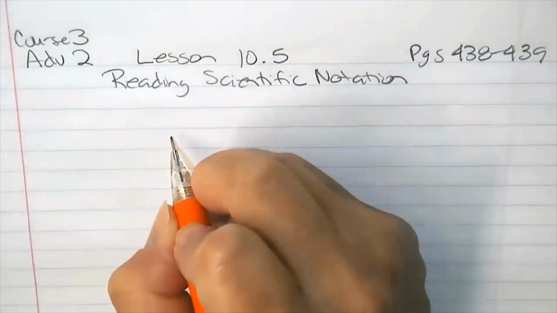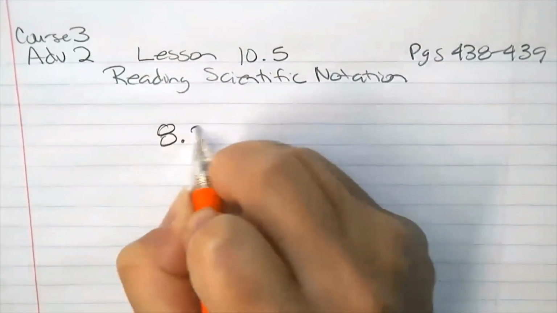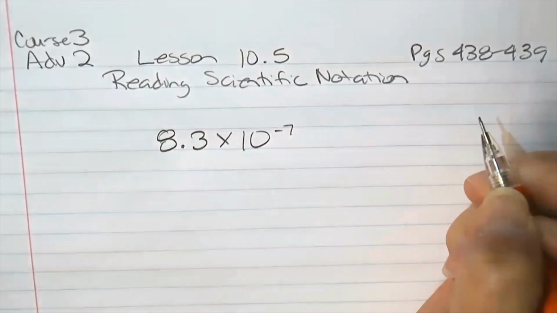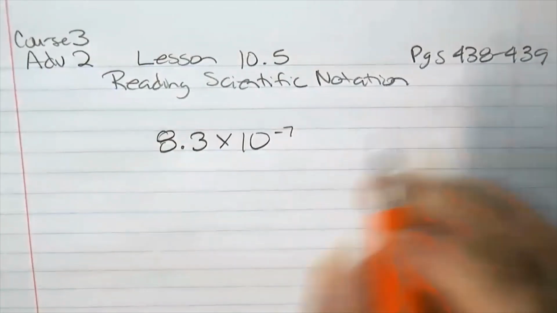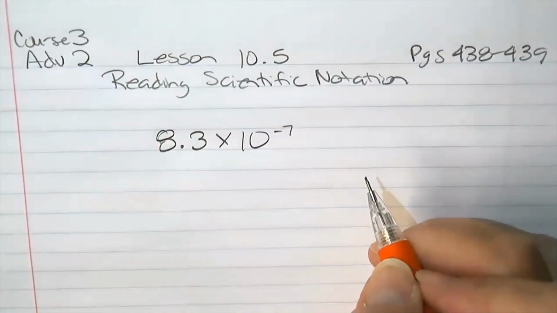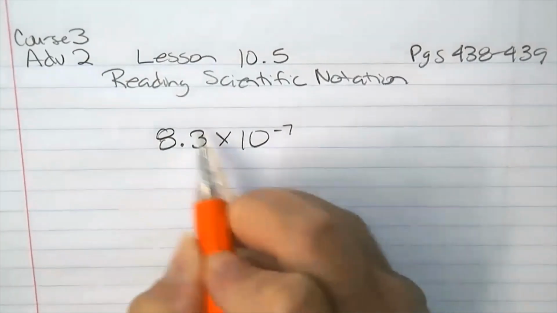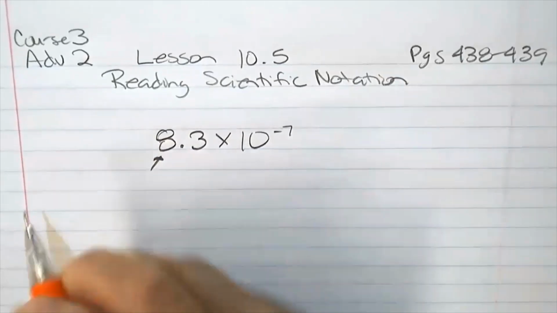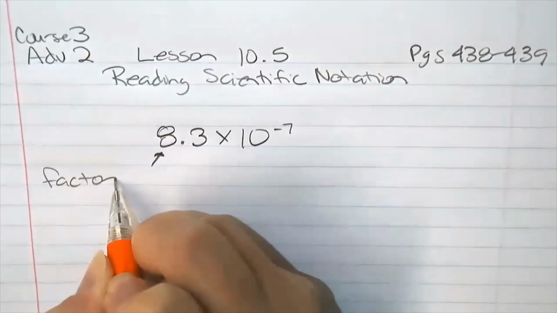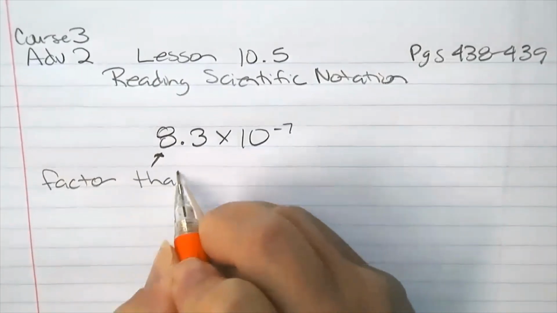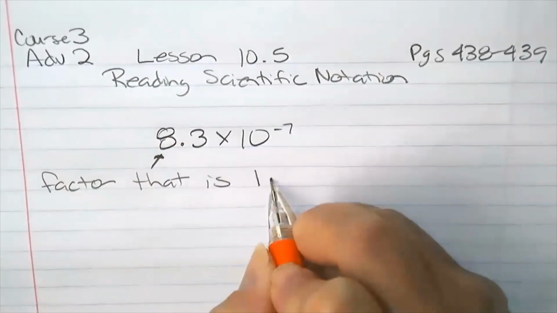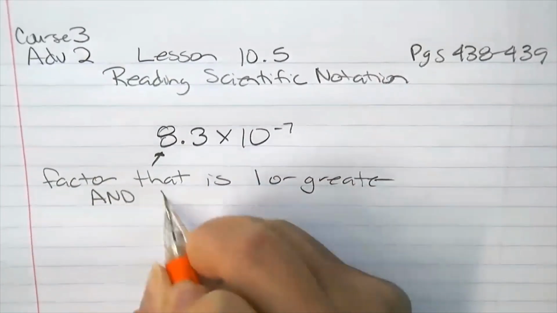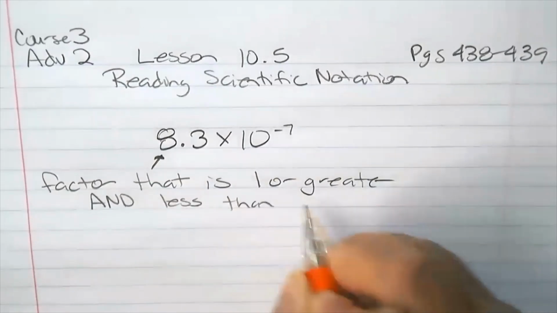And scientific notation is written like this: 8 3/10 times 10 to the negative 7. So when we have something in scientific notation, one of our factors, typically our first factor, is a factor that is 1 or greater and less than 10.